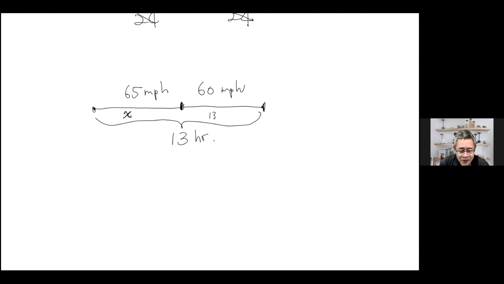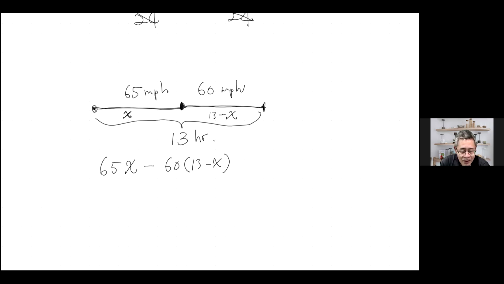So the distance from here to here will be 65 times x, and from here to here is 60 times 13 minus x. Now, because we said each is half the distance, the two halves are equal.